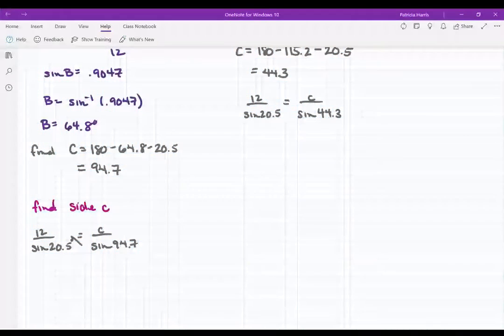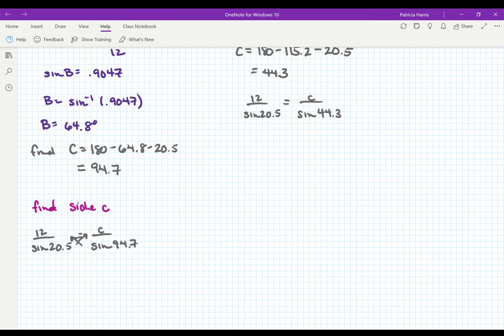So cross multiply and let your calculator do the arithmetic for you.